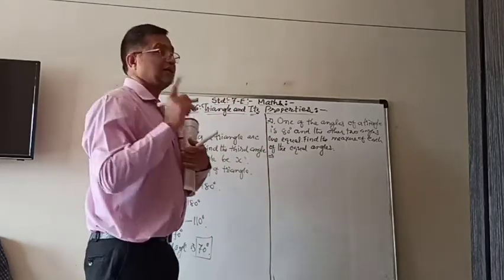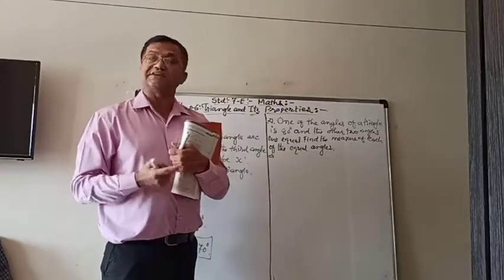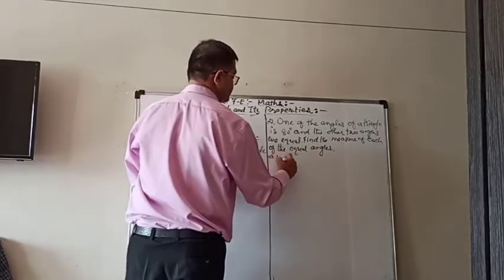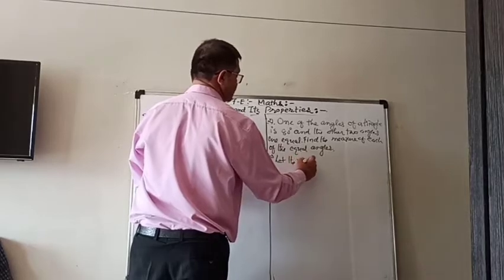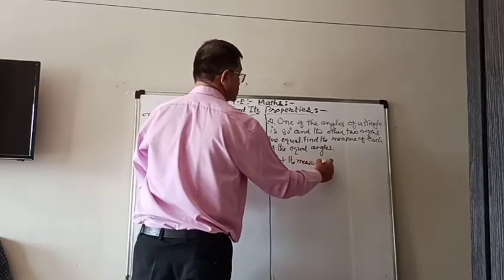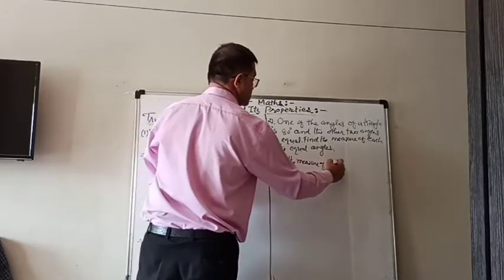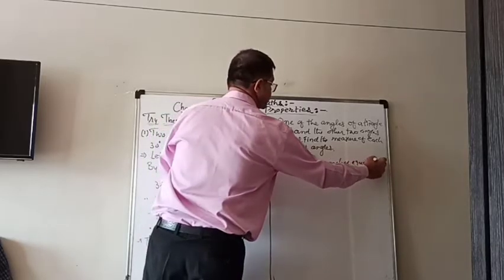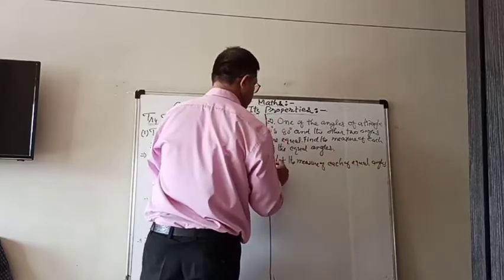So only one of the angles is given, but the other two angles are equal. So we can say, let the measure of each of the equal angles be x.